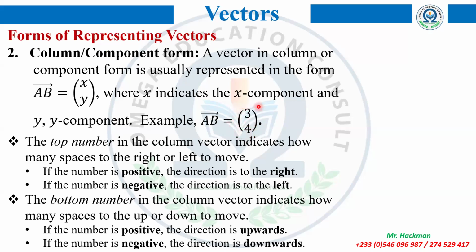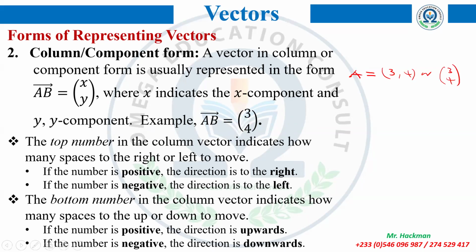So I think this reminds you of how you can indicate a point. You can indicate a point in this form, a column form. So I can have the point A equal to, I can state it in the row form, which will be 3, 4, or I can state the same point in the column form, which will be 3, 4. However, you should know the distinction.